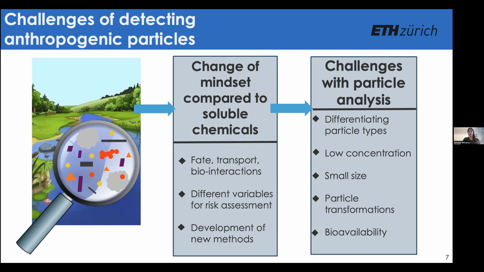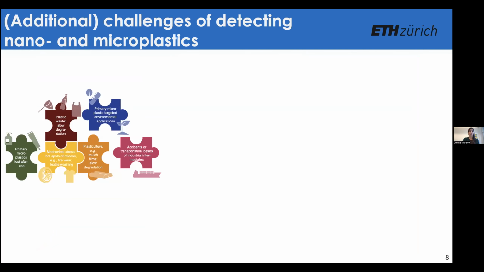And these particles can also change over time, either in their surface chemistry or their size, which will also be wanting to be investigated. There's a lot of additional challenges of detecting nano and microplastics, even though there's a wide variety of different types of particles that are in the environment coming from many different sources, as I show in this kind of puzzle piece of where all the different types of plastic pollution can come from.